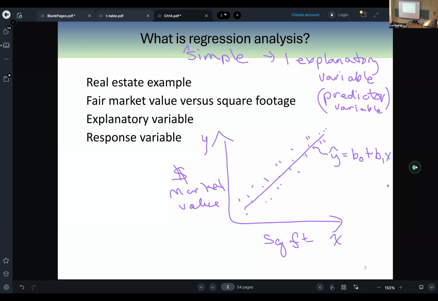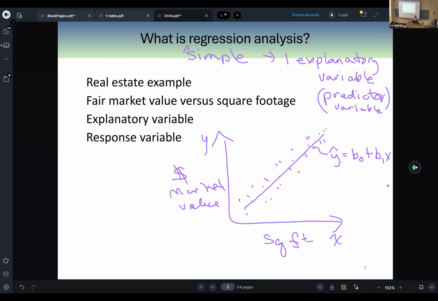Right? Y hat. And why is it Y hat? It's so that we acknowledge that it is the least squares regression line. It's the regression equation that we're going to use. Okay. So again, simple because it's one explanatory variable. I use it interchangeably. You'll hear me say predictor variable, explanatory variable, and so on.